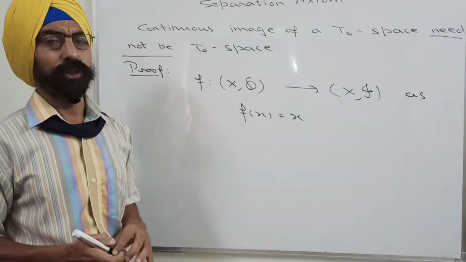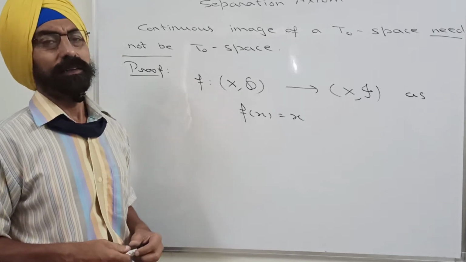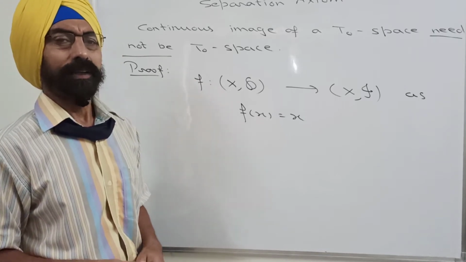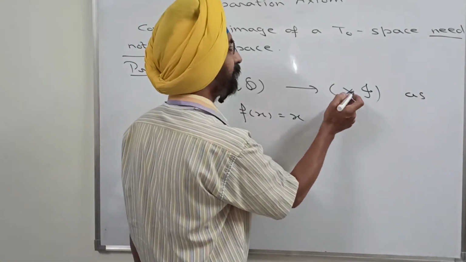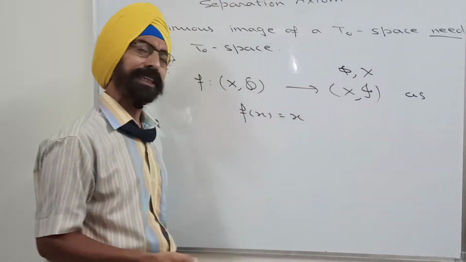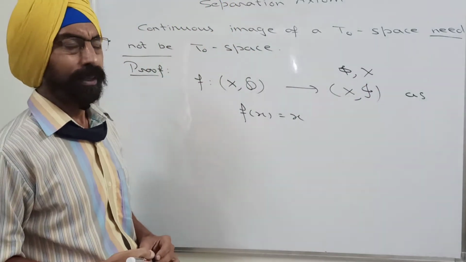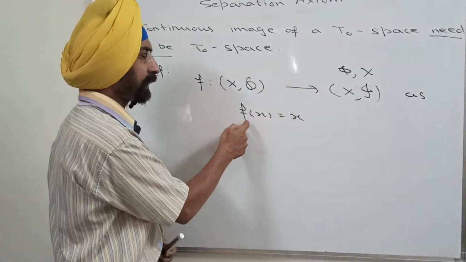This function is continuous. Why? Because for continuity, we just need to show that the inverse image of every open set is open. Here we have only two open sets in the indiscrete topology, namely phi and the set X itself. And what will be their inverse images? The same, because the function is f of x equal to x.